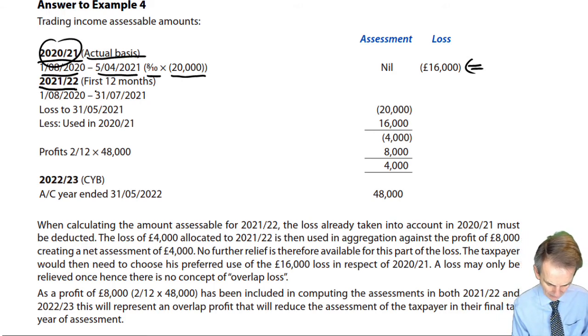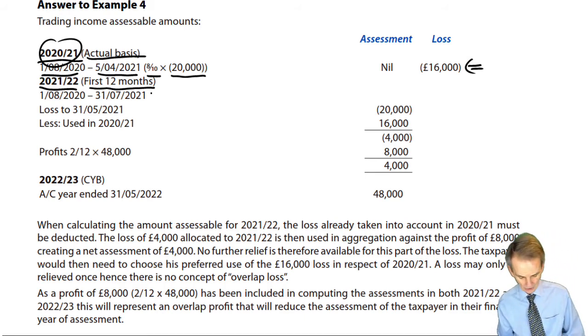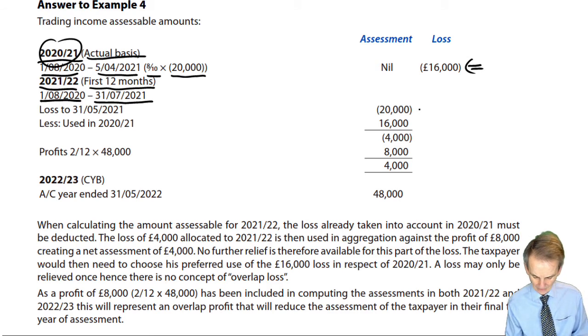21-22, the second tax year, the first 12 months is our basis period. That would go from the start date to a date 12 months thereafter, 31st of July 21. That, of course, picks up all of your opening 10-month period, the loss of 20,000, but we've already used 16,000.